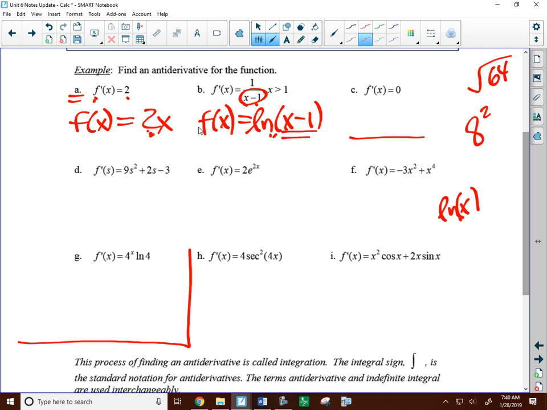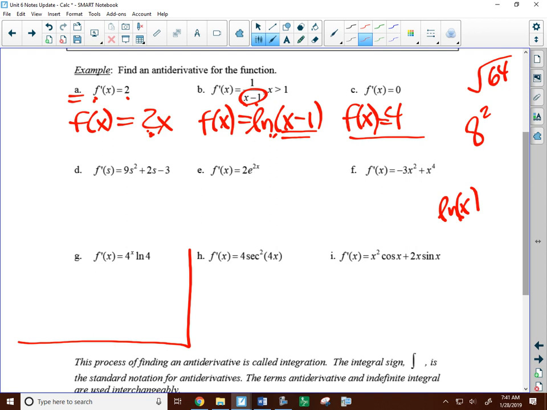How about C? Many answers work here. Anybody? I just said all real numbers. Okay, so any number. You could just make a note: any number. So the antiderivative of 0 is any number.